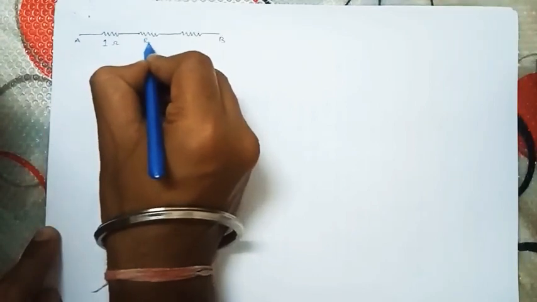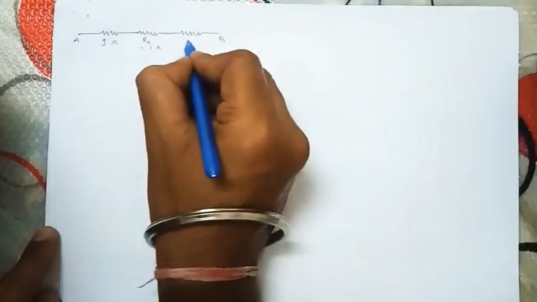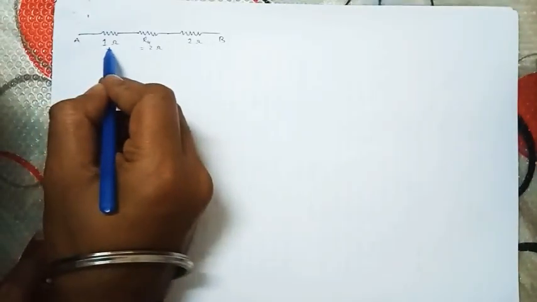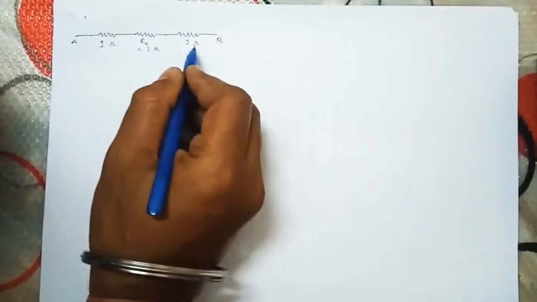Here R4 is 2 ohm, and the other equivalent resistance is 2 ohm. So 1 ohm, 2 ohm and 2 ohm are in series combination.